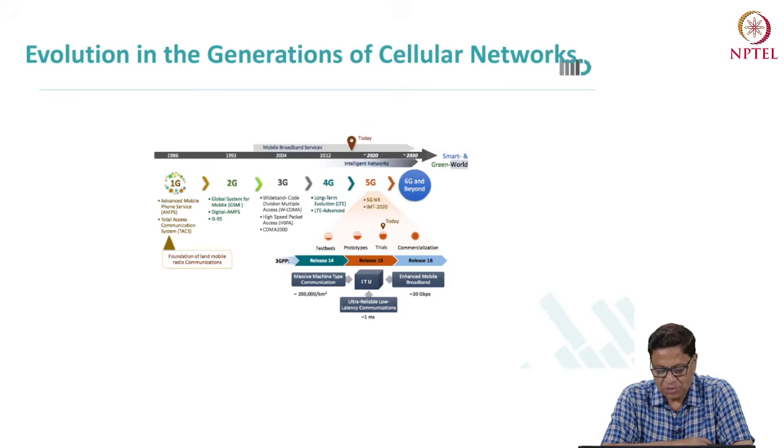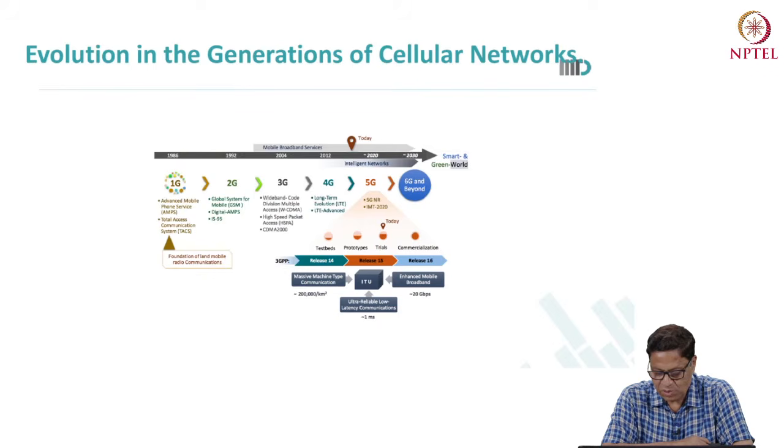And so they have different releases. Currently we have about release 16, and release 17 is also about to come. If you see the fifth generation communication system, there are three basic parameters on which it is realized.